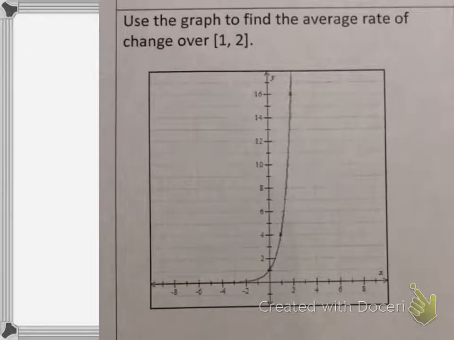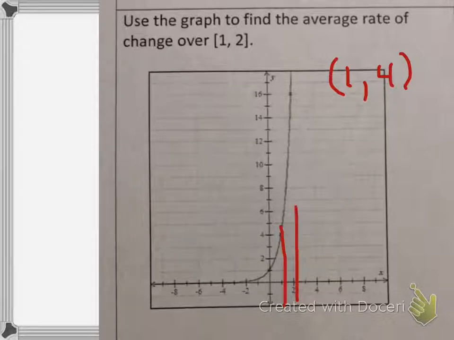All right, the next one, find the average rate of change of the graph over the interval 1, 2. So this time I have to look at my graph myself and figure out my ordered pairs to substitute in. So it says from 1, which is here. So that ordered pair on my graph would be 1, and let's say we're up at 4. Then it says to go to 2. And right there at 2, I'm over 2 and I'm up 16.